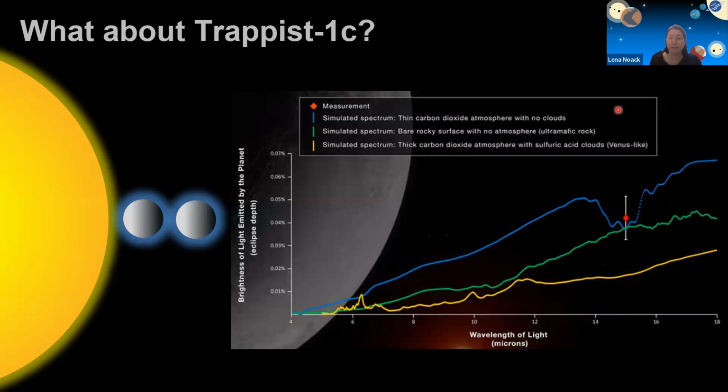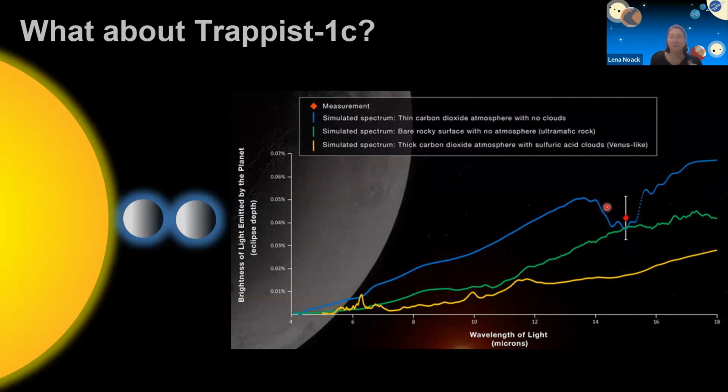For TRAPPIST-1c, we also have only one measurement so far that has been published. And this would also work with a bare rock surface, so a planet without an atmosphere, or with a very thin CO2 atmosphere without any clouds. So also here, there's some new data coming in, being evaluated right now. So we will probably hear more in the next couple of months about these 2 planets.